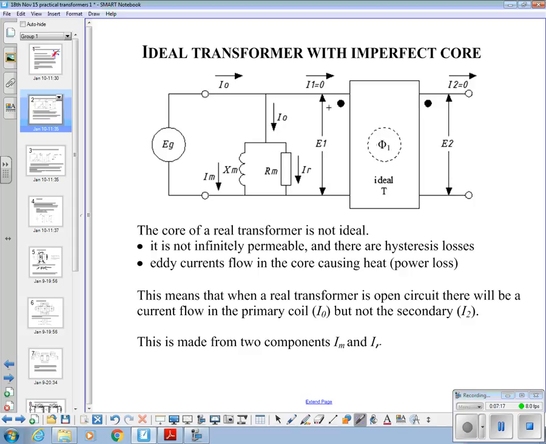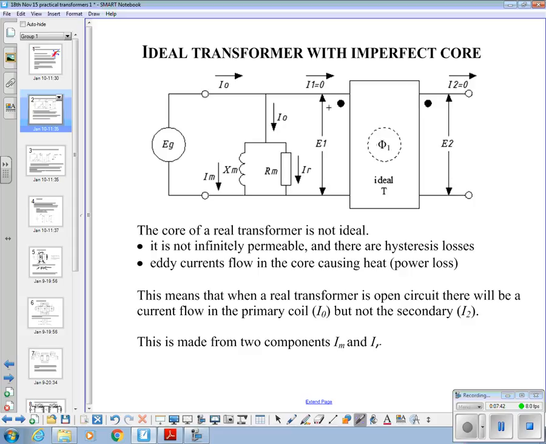And what we've got is this current here made up of these two components through XM and RM. Okay, the RM is the current representing the core losses due to heating, or the power loss, so it's going to dissipate watts because it's a resistor.